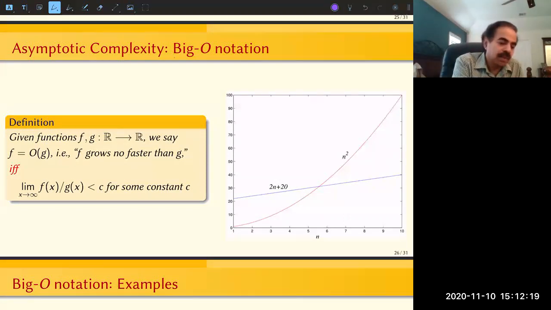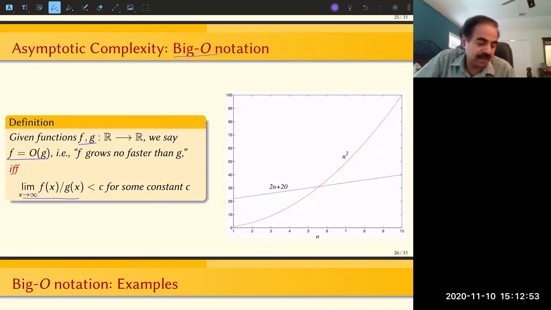One of the concepts in asymptotic complexity is the big O notation, which captures the rate of growth of functions. Given two functions f and g, we say that f is order of g, which basically says that they grow at the same rate. The mathematical definition is that f of x divided by g of x stays within a constant factor.